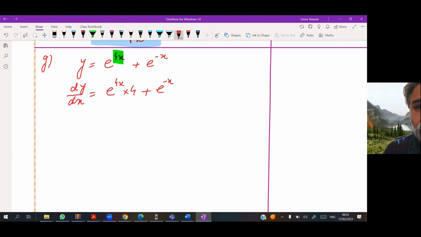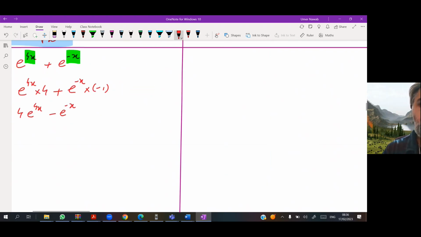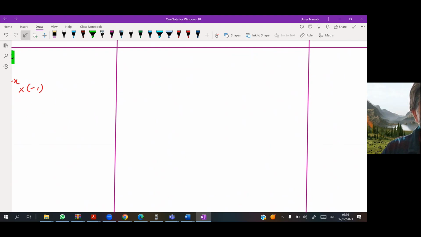Same answer, further derivative of minus x is minus 1. So we could write e raised to power 4x, minus this, minus and plus will be minus, e raised to power. This is dy by dx. Done. Come to the H part.